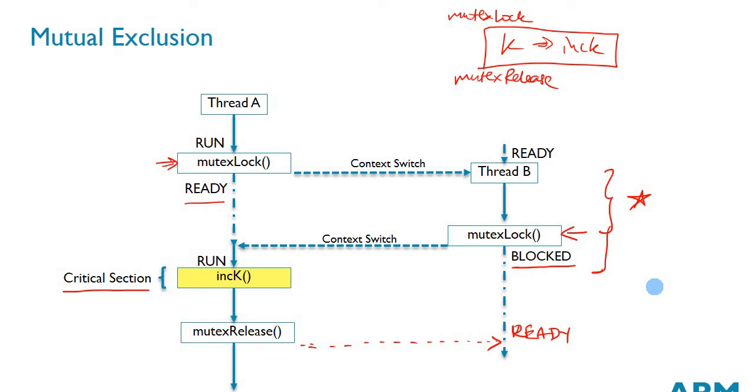So thread B, since it's unable to lock the mutex, is unable to carry on to access the shared resource, so it goes to a block state, which initiates the scheduler to do another context switch to the next task that is able to run.